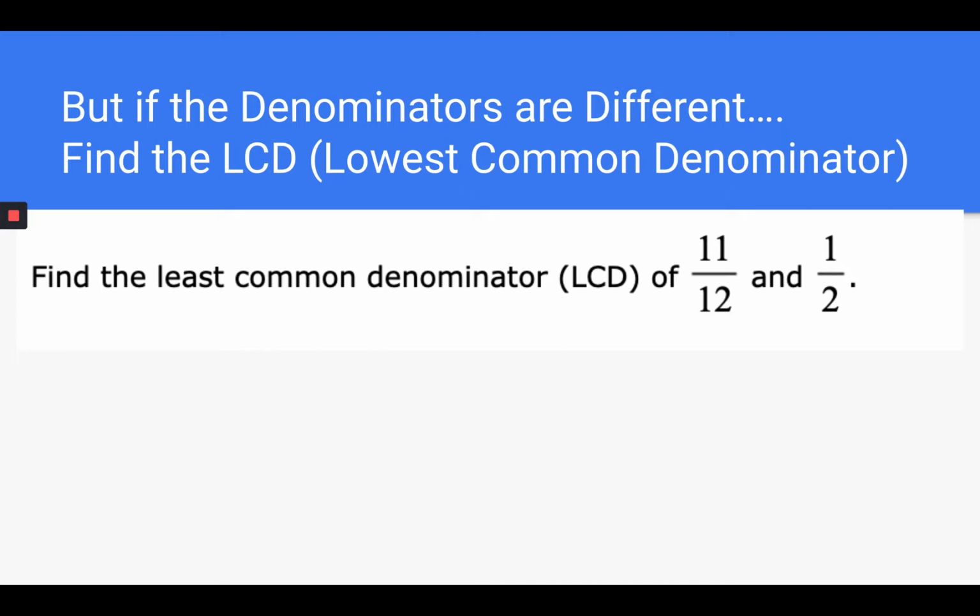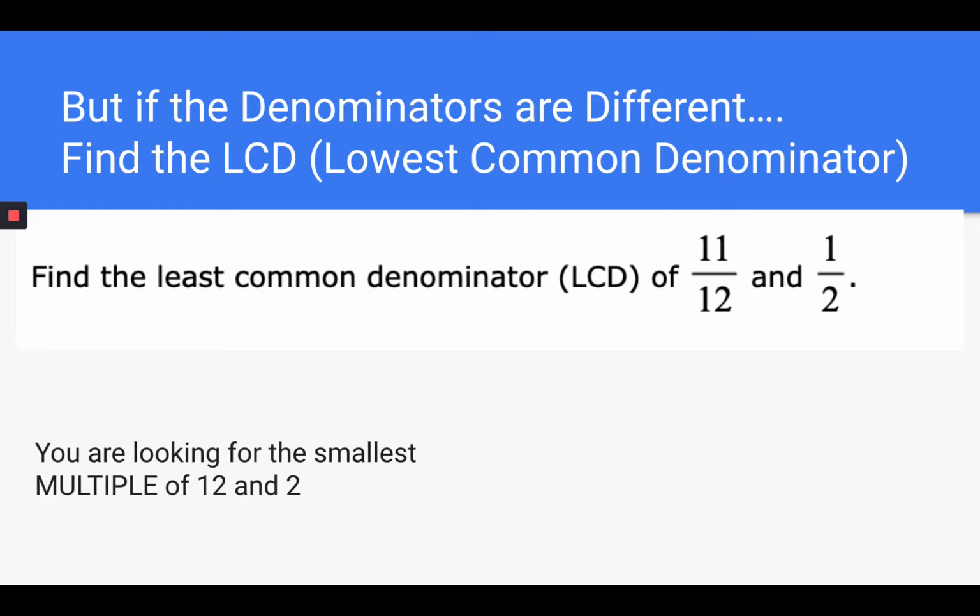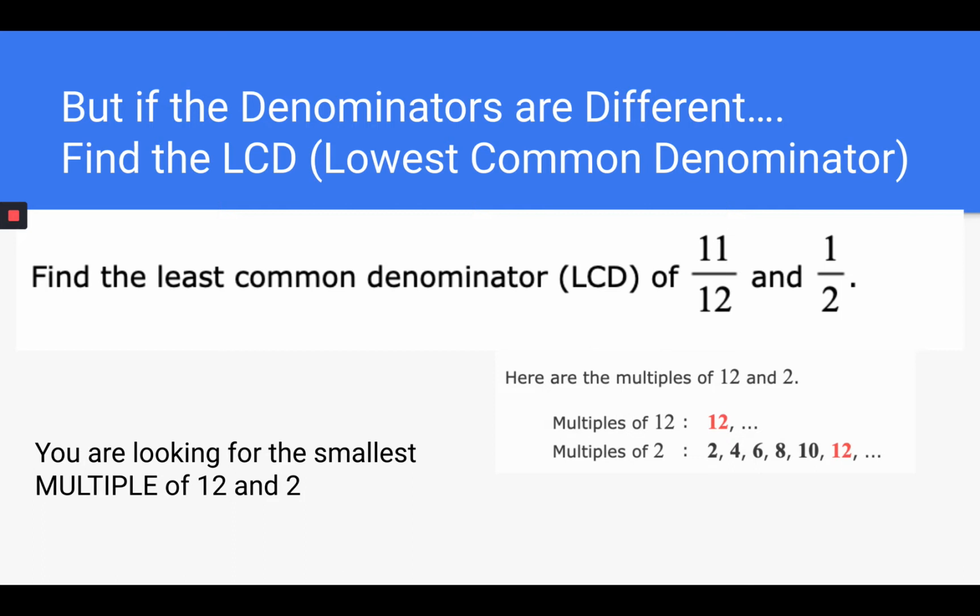Try one more. What is the LCD of 11/12 and 1/2? So you're looking for the smallest multiple of 12 and 2. Hopefully you said 12. If you count by 12s and you count by 2s, they'll both meet up at 12. And so the answer would be 12. Now the reason you have to know how to do the LCD is so that you can add and subtract fractions that have different denominators.